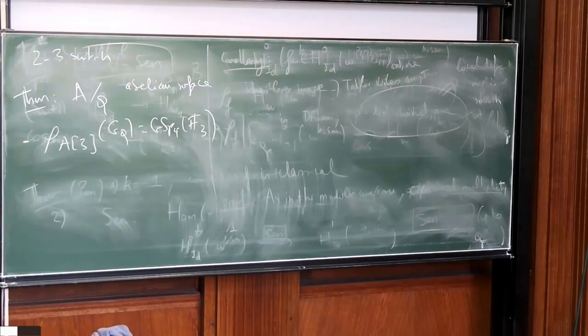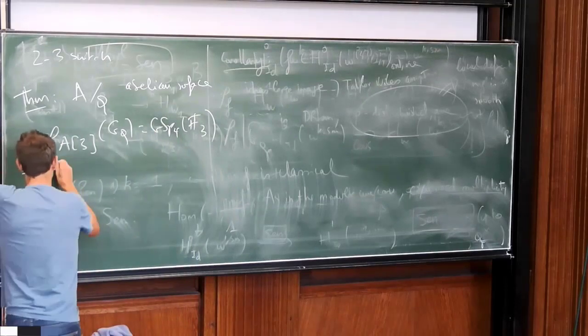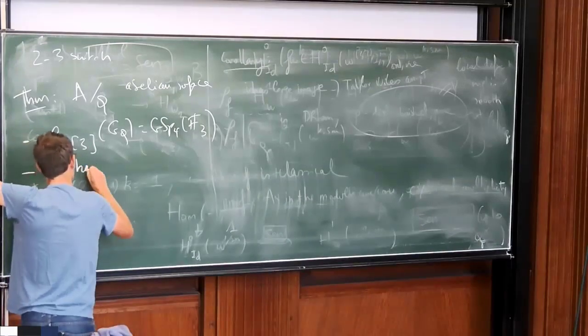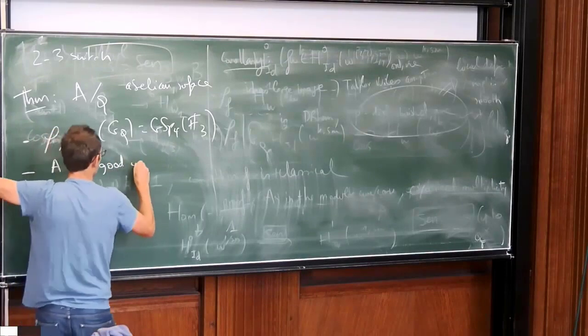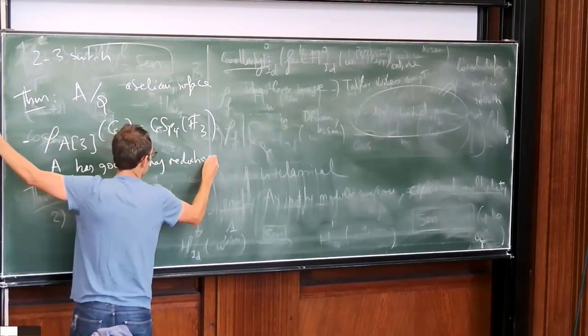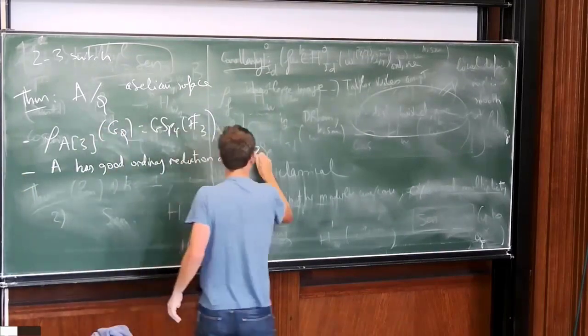That's a big image assumption. Then we need to assume that A has good ordinary reduction at 3, and is 3-distinguished.